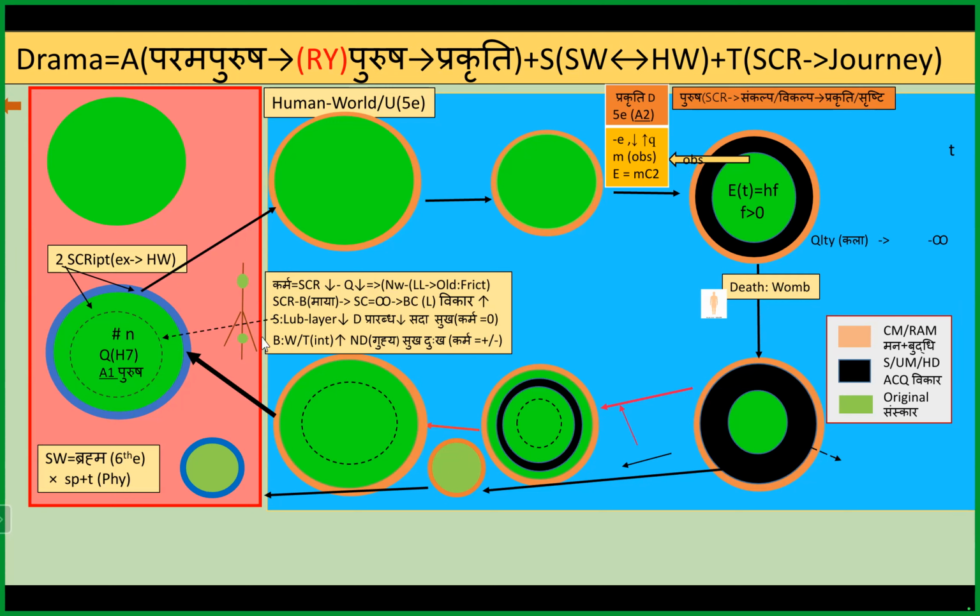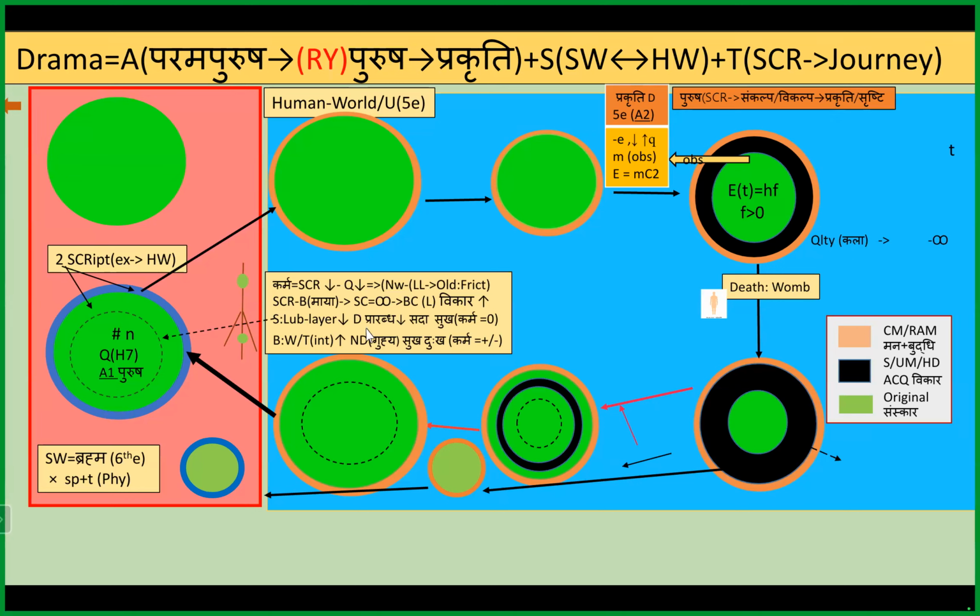Now, let us assume that the dotted line is our lubrication layer, and when it is executed in these first two pictures, the lubrication layer is getting reduced. Because the lubrication layer is getting reduced, we can see that automatically Q is reduced.